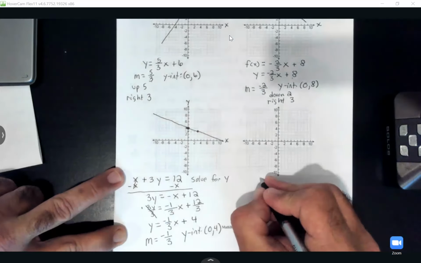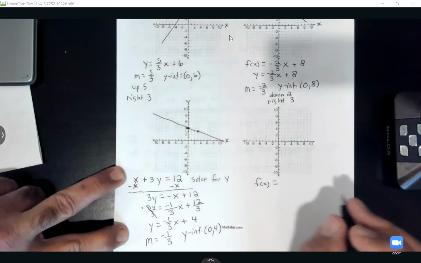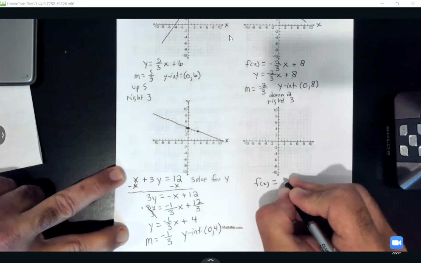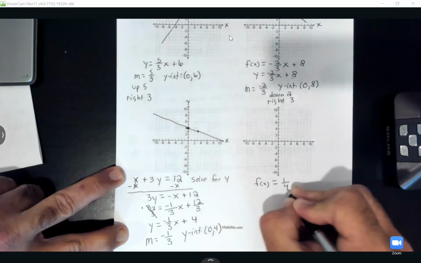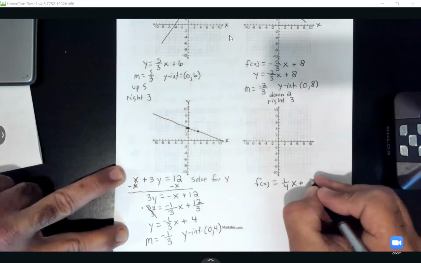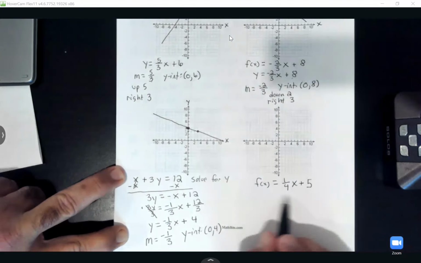All right, y'all, looks like they like doing this f of x to us. So f of x equals, what do I got here? 1/4 x plus 5. So it's already solved.